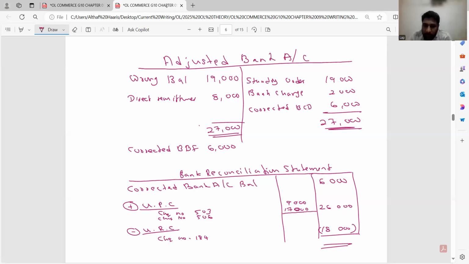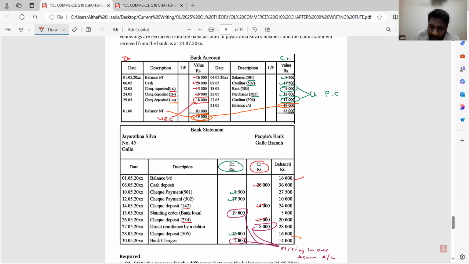Okay, so how much is the value that we are getting? 14,000. So this is the balance as per the bank statement. You go and check, the balance as per the bank statement is 14,000. Perfect. Done.